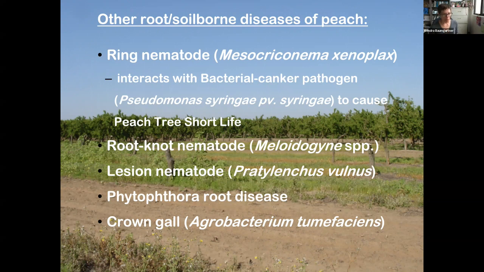We also have other nematodes, root knot nematode, lesion nematode. Peaches are susceptible to Phytophthora root disease, which is caused by an oomycete filamentous microbe, not a true fungus, but an oomycete rather. And they're susceptible to crown gall, which is caused by the bacterium Agrobacterium. At this specific orchard, Armillaria root disease was a problem, but peach tree shortlife was also a problem too.